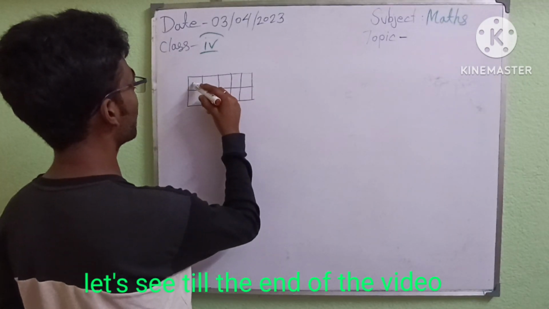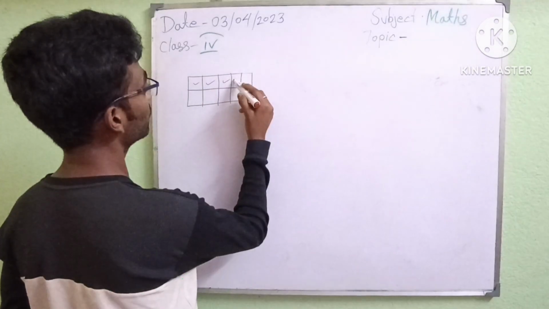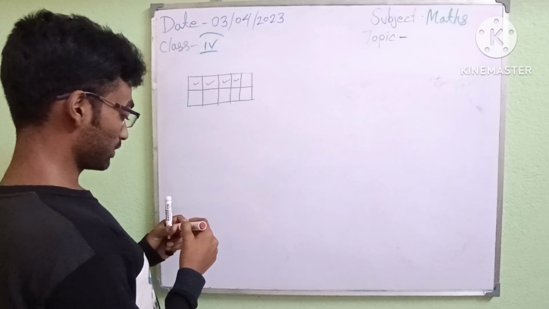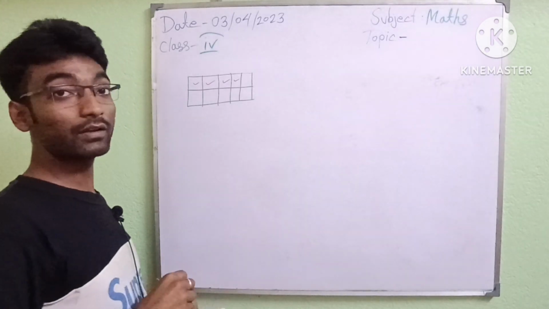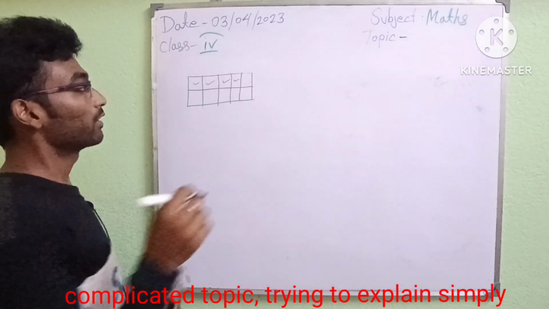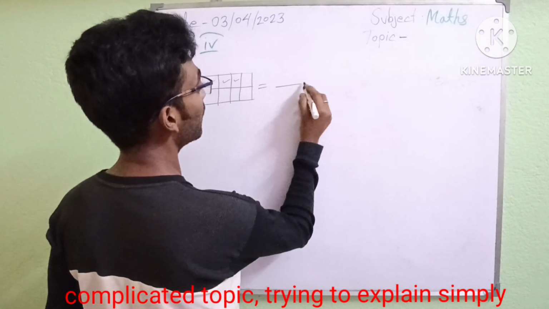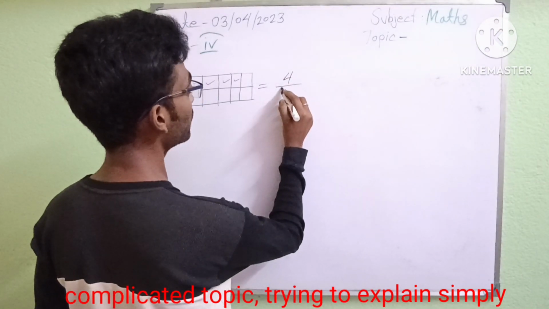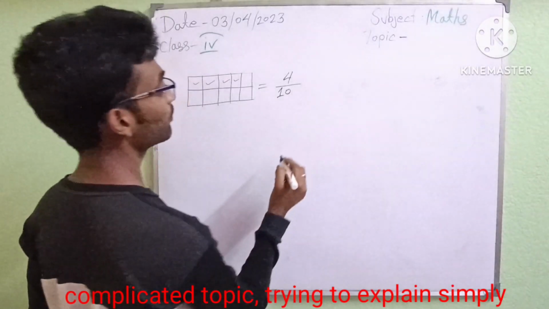Now, if we colored one, two, three, four rooms within this house, four rooms have been colored completely. Then how will we write it as a fraction? As a numerator, we will keep 4, and as a denominator, we will keep 10.